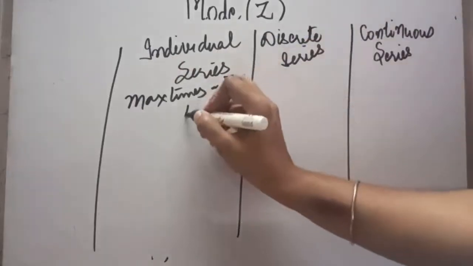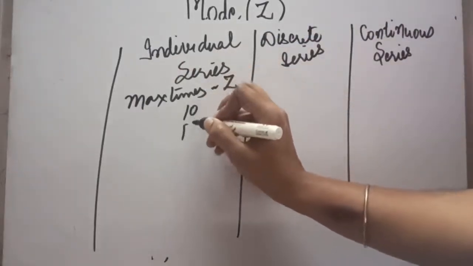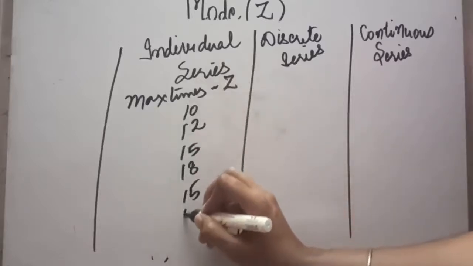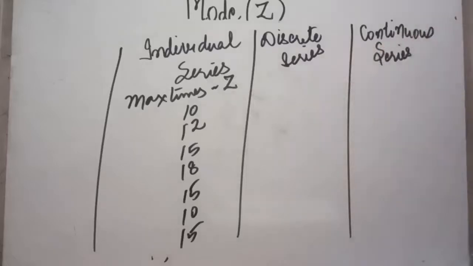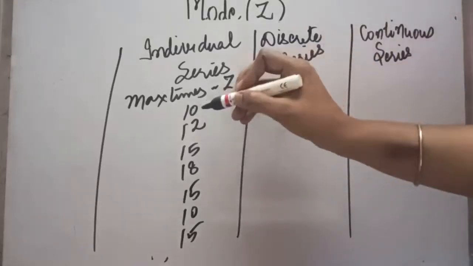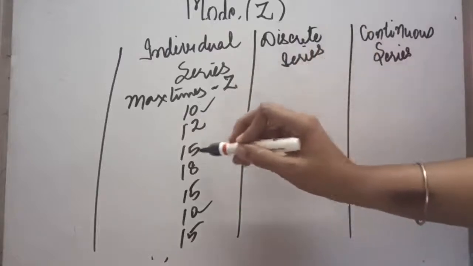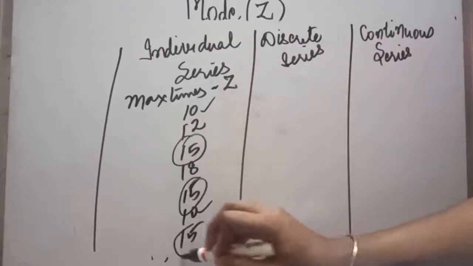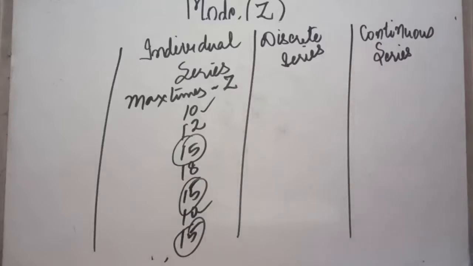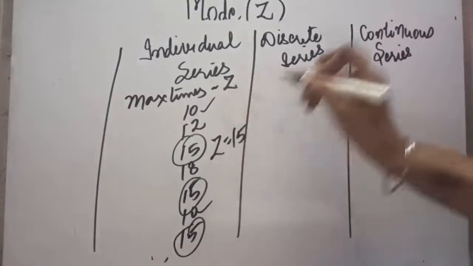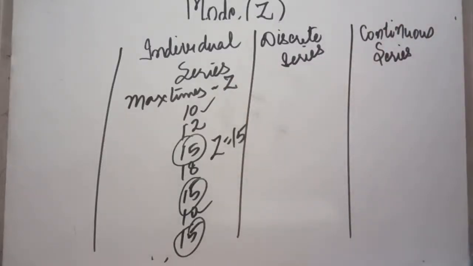For example, if I take a question that x has the following values. In this series we can see that 10 is coming 2 times, 12 is coming only 1 time, 15 is coming 3 times. So it is the most repeated item, 15. So it will become our mode. Mode will be 15. This is a very simple inspection method. Just inspecting the series we can make out.